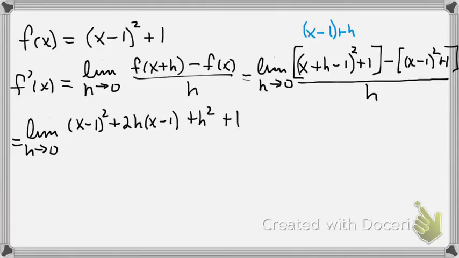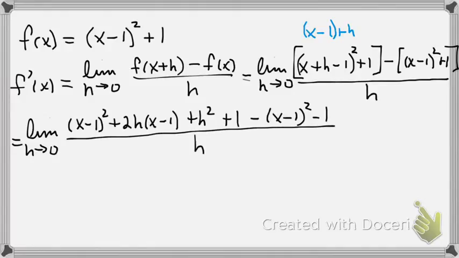Then we still have this plus 1 that comes along for the ride. Then I have minus, distribute the negative through the second set of brackets, minus x minus 1 squared minus 1. Right? Do you see how clever I was? I was very clever. Because what's going to happen?